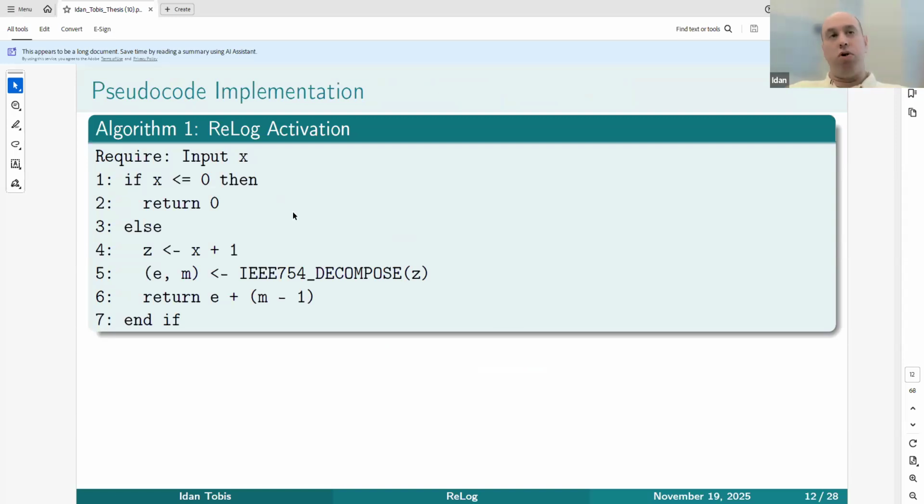Basically, what I want to do, of course, if x is negative, I return 0. Otherwise, I add 1 to x, I call that z, and then I do a decomposition using IEEE 754 into the exponent and the mantissa. And all I have to do now is return the exponent plus the mantissa minus 1. And why is that?